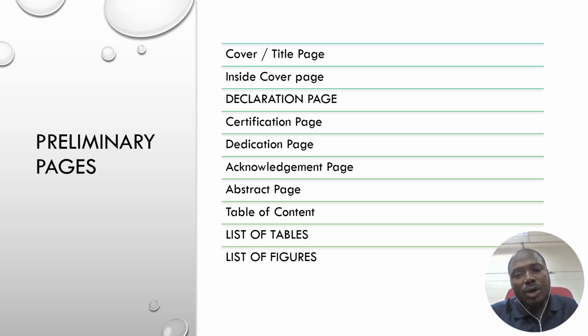It is only when you declare that you sign, then somebody will now certify. So in the certification page, which we also call the approval page, you write: this is to certify that the research project titled, then your name, that is your surname first and other names with matriculation number, was written under my supervision.